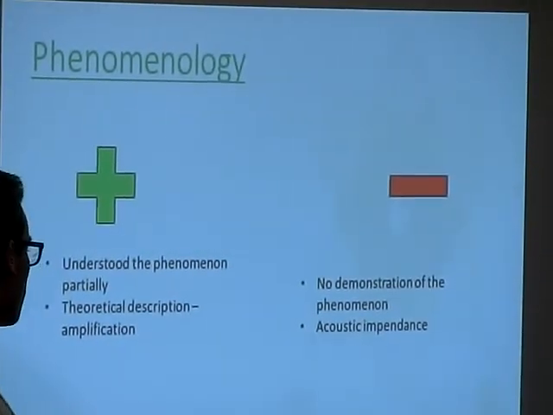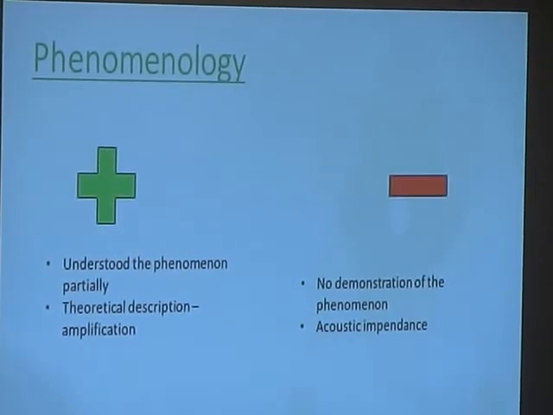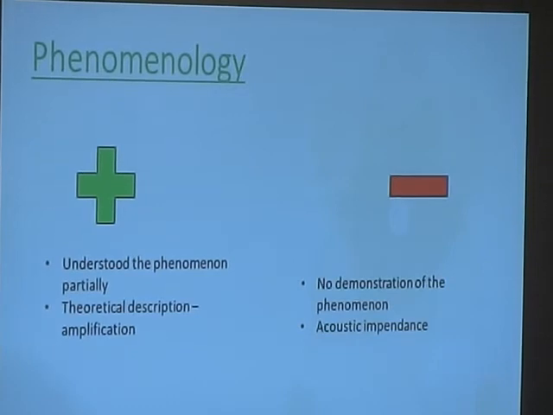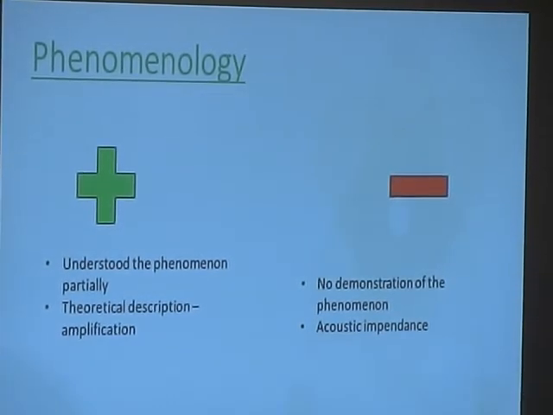The reporter understood the phenomenon partially, and has some theoretical descriptions, and he was talking about the amplification of the sound. But on the other side, there was no demonstration of the phenomenon, and he didn't mention the acoustic impedance and the directivity control of the cone, which I consider really important, and that is the main part of this phenomenon.